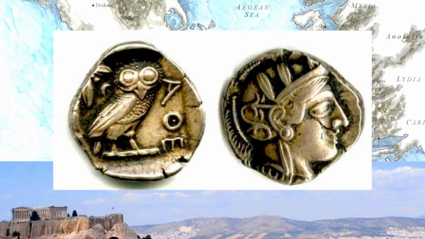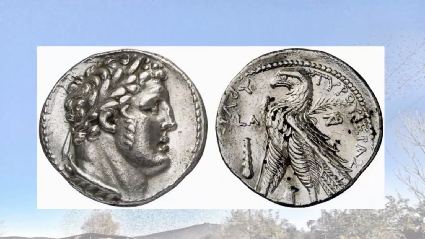The patron deity of Athens, Athena, appears on coins of the city and is a staple across centuries. The reverse of the coin contains one of Athena's attributes, the owl, with familiar lettering Athe, abbreviation for Athens.